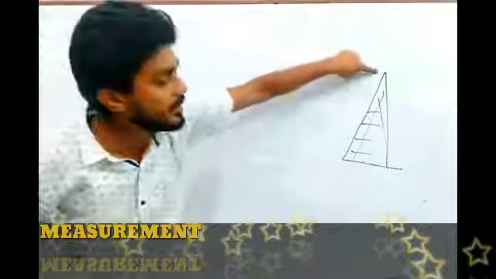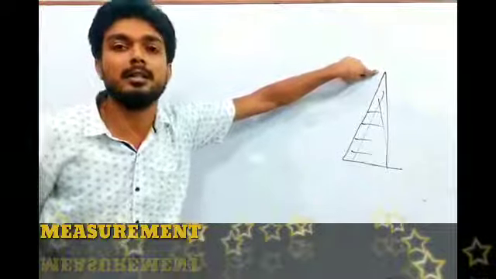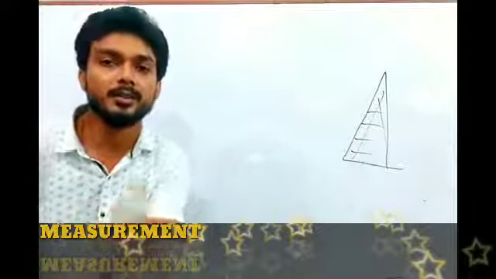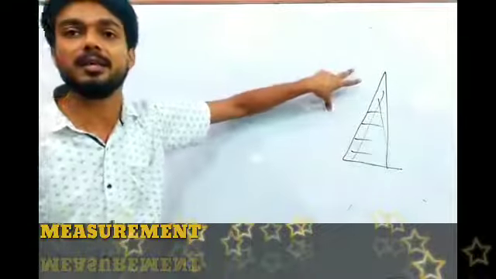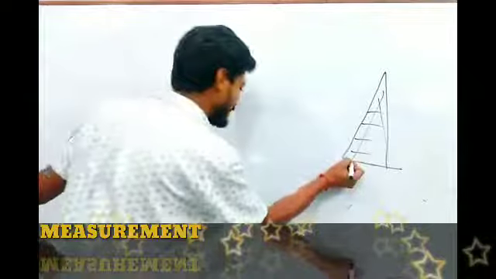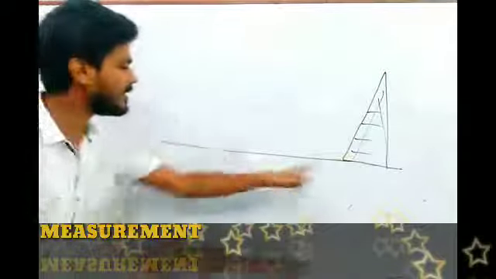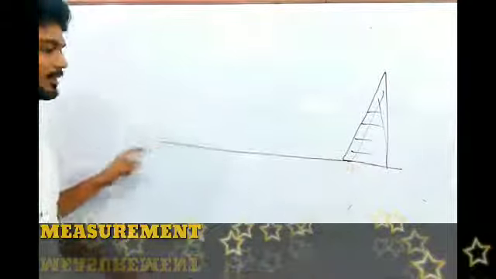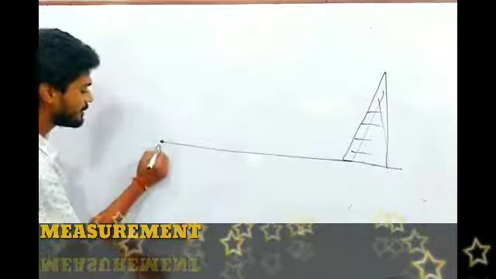Can you reach the top? No, it is not easily possible. But using the indirect method, you can find the height of this tower. How? Let us see. First, take a certain distance from the base of the tower and consider a point A.